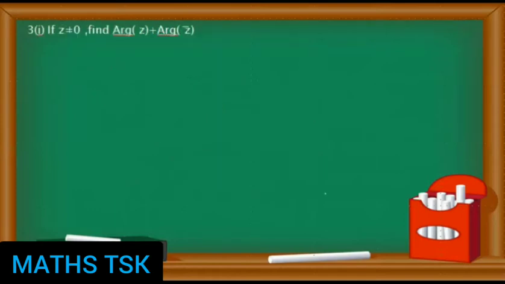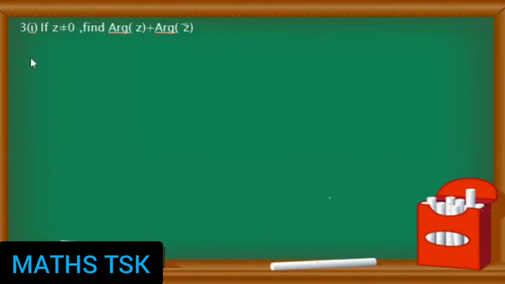Next, arg z and arg z bar value. How to find arg z plus arg z bar? In general, we represent it in two cases. Case 1: if arg z is theta, if arg z is not equal to pi.